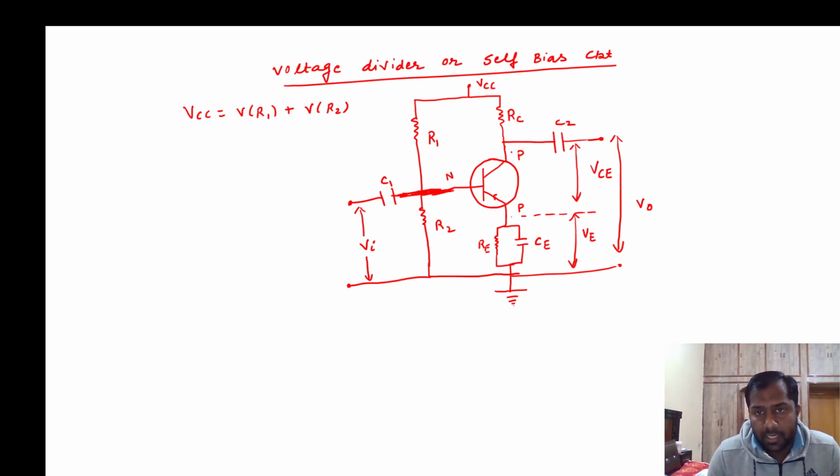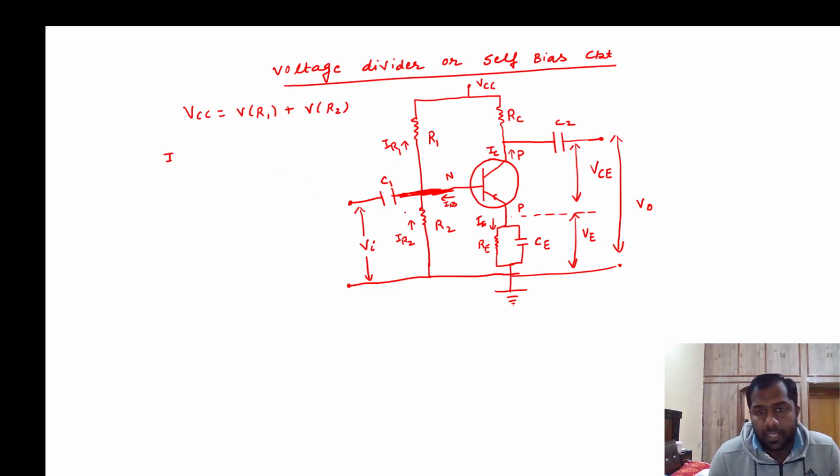Suppose the current flowing through the collector is IC, and the current through the resistance RE is IE. Suppose this current is IB. Okay, so this current is IR2 and this current is IR1.